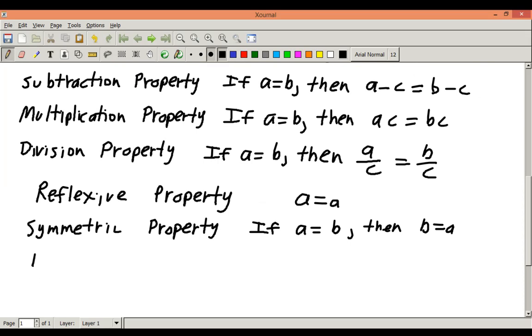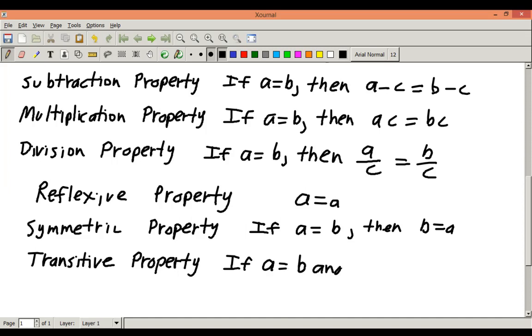Then we have the transitive property. The transitive property says if A is equal to B and B is equal to C, then A is equal to C.